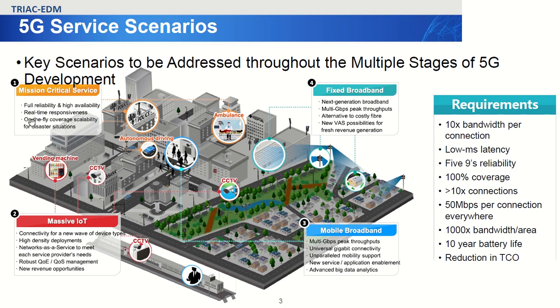So that's the reliability, availability, and also coverage scalability. A massive IoT connectivity for a new wave of device types, high density deployments, as you can imagine. How many devices are around a person nowadays? It's like tens, 100, right?